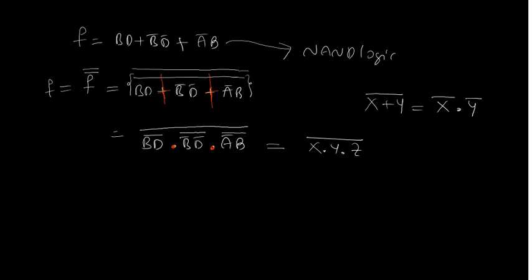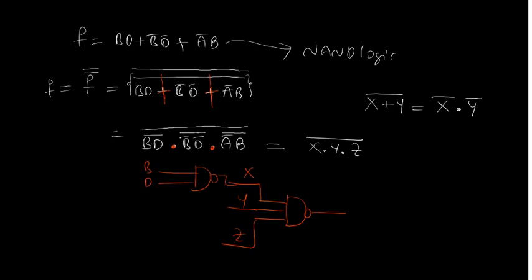Just now we have drawn the same expression we got here. What is that? You require one NAND gate with 3 inputs: one is x, another is y, and the other is z. And what is x? BD bar. For that you require one more NAND gate with inputs B and D, so that you will get BD bar, that is x.